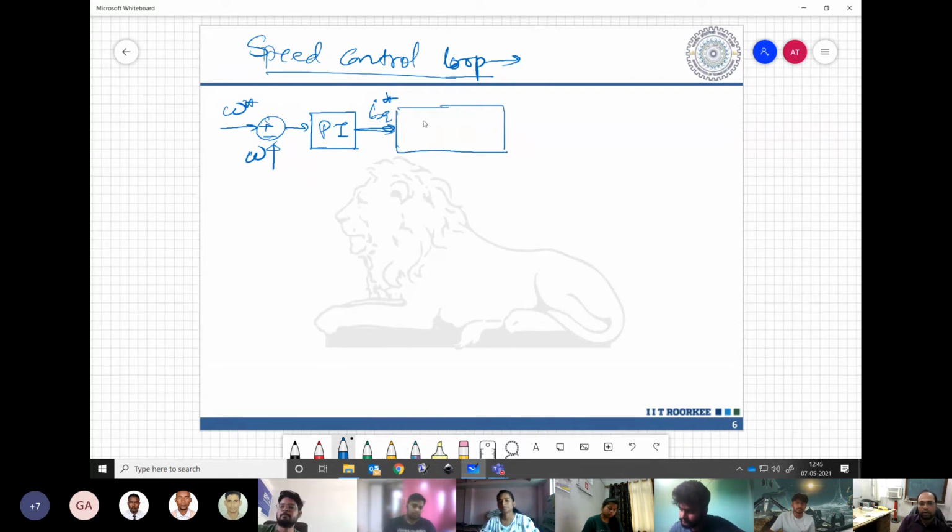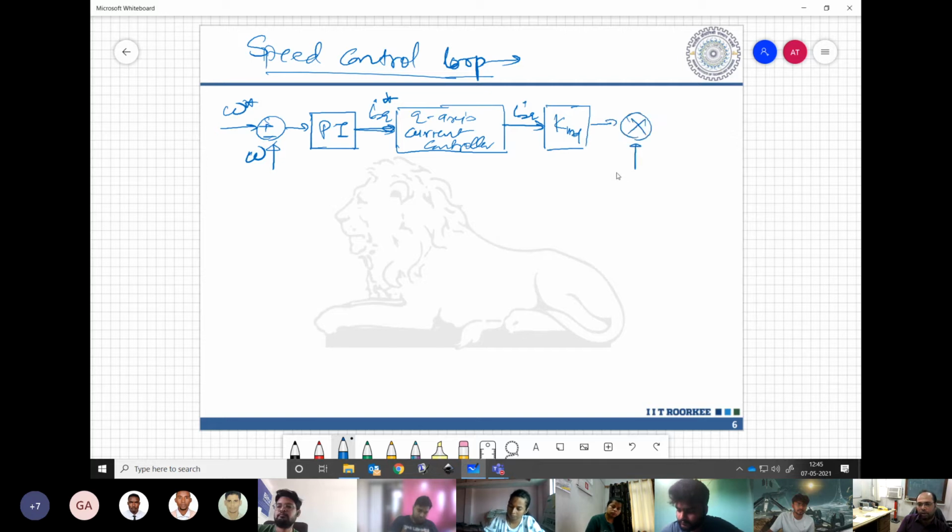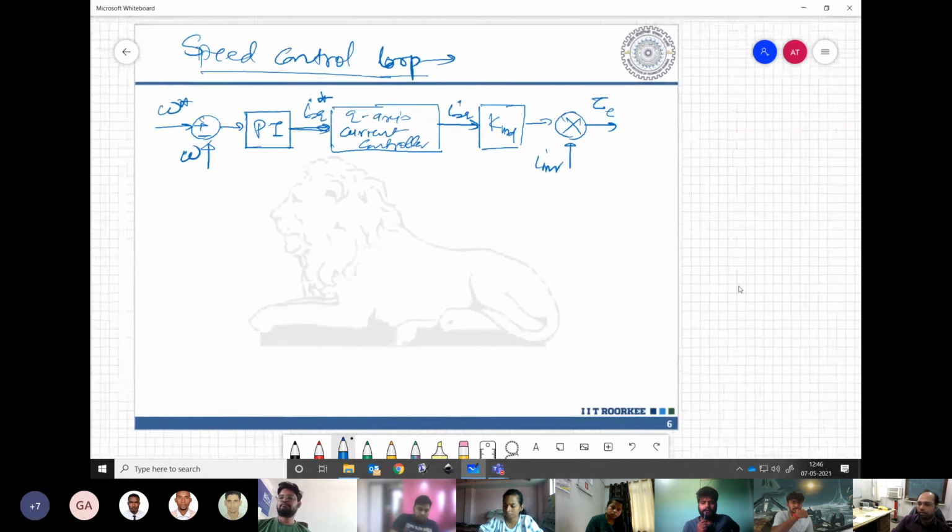Then we have the controller for Q axis current, which is giving us ISQ, which is getting multiplied with KMD, the constant for the torque. And after product with IMR, it is generating the electromagnetic torque. Torque is nothing but KMD into ISQ into IMR. Fine? You recall that equation?